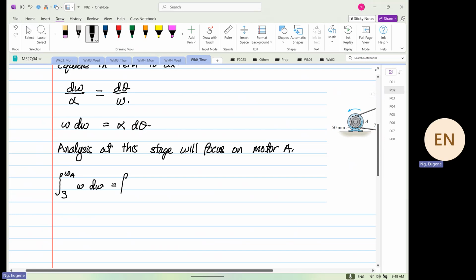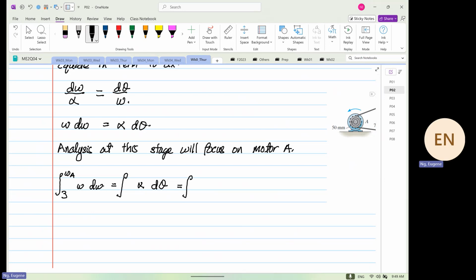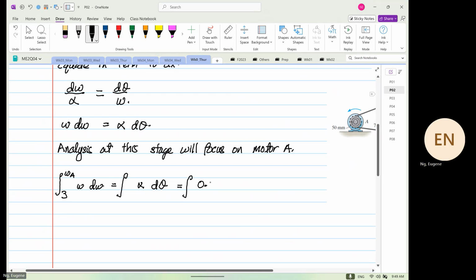Then we have alpha, theta, and alpha happen to be what? Given to us is 0.6 theta.